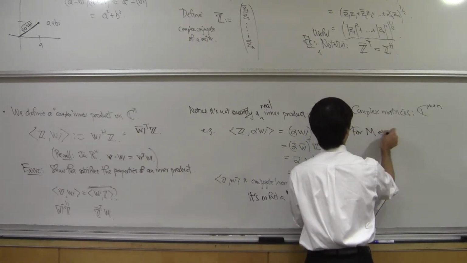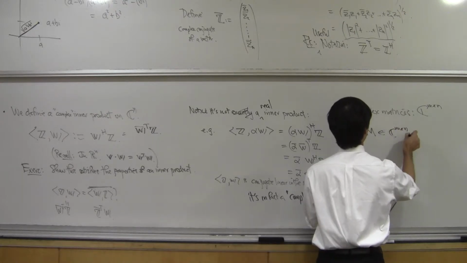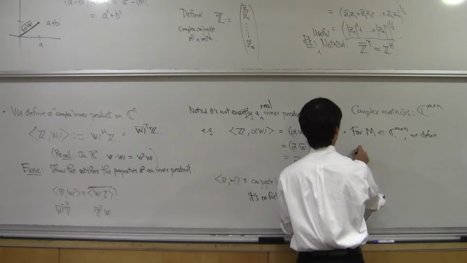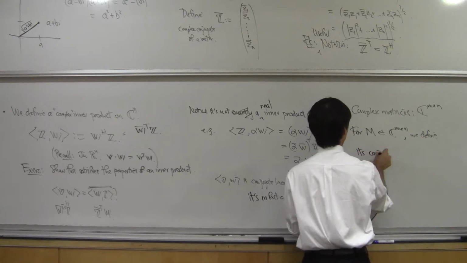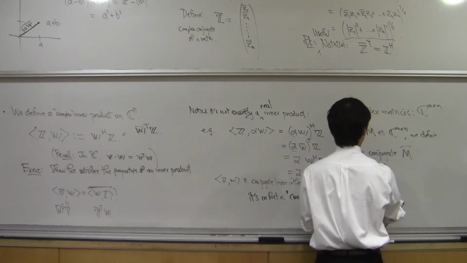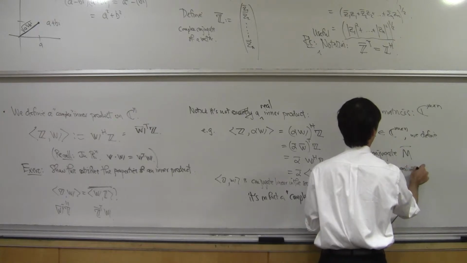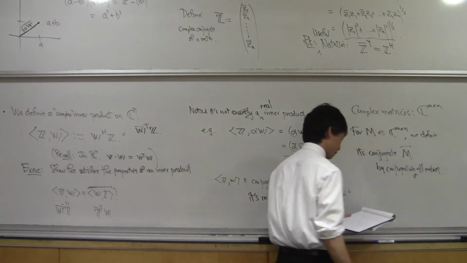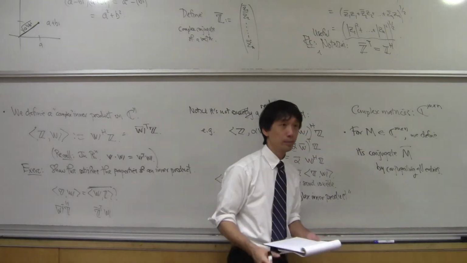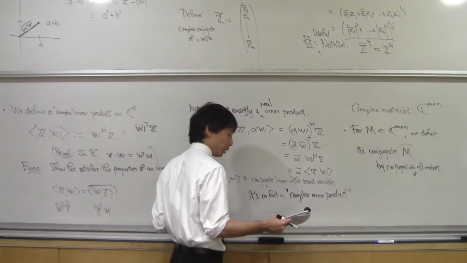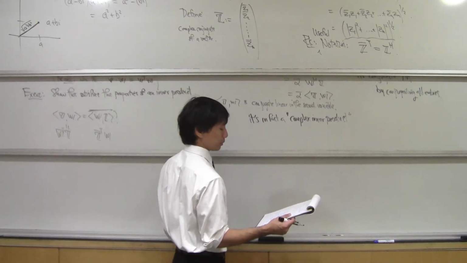For a complex matrix M, we define its conjugate M bar by conjugating all entries. So you get a complex matrix, conjugate every entry, and that will be the conjugate matrix.